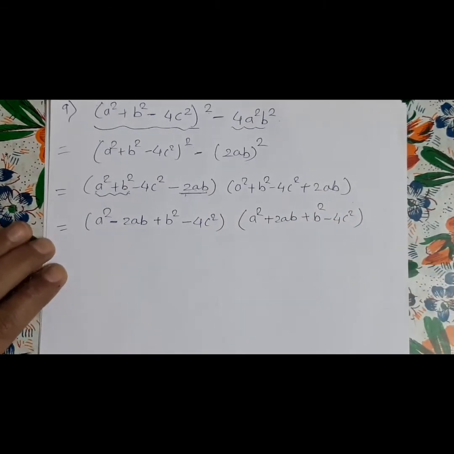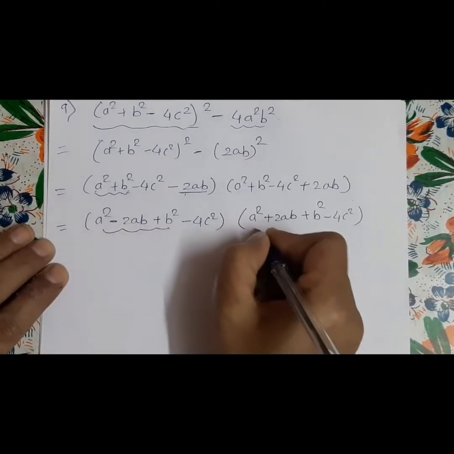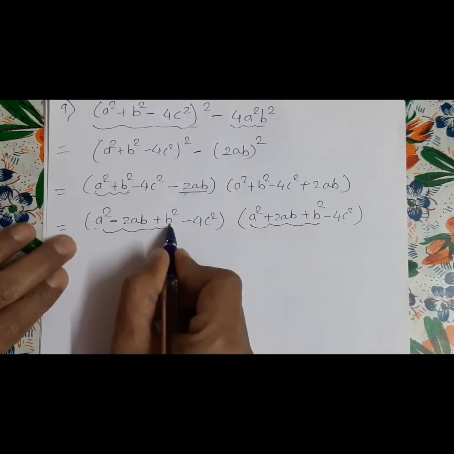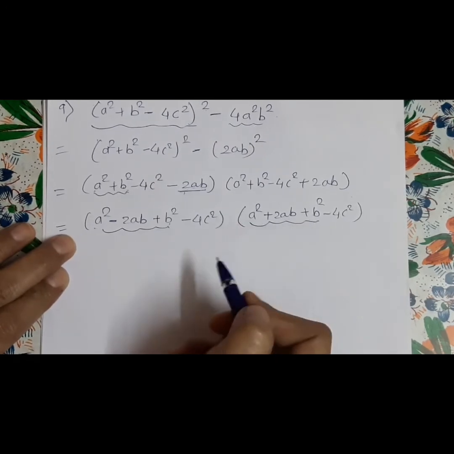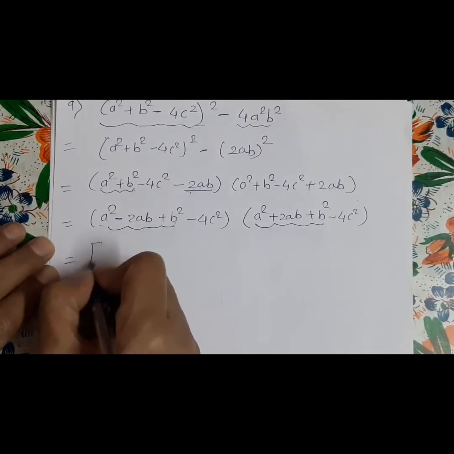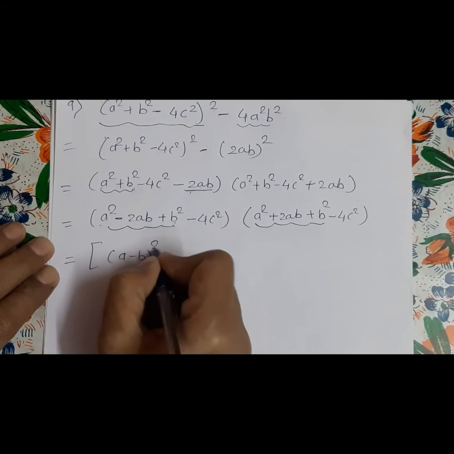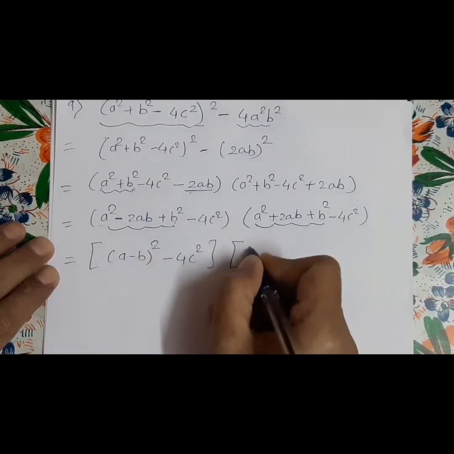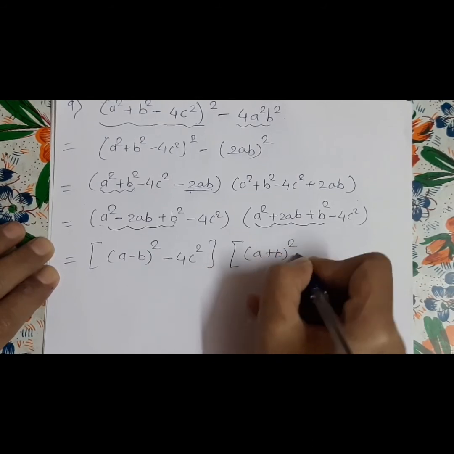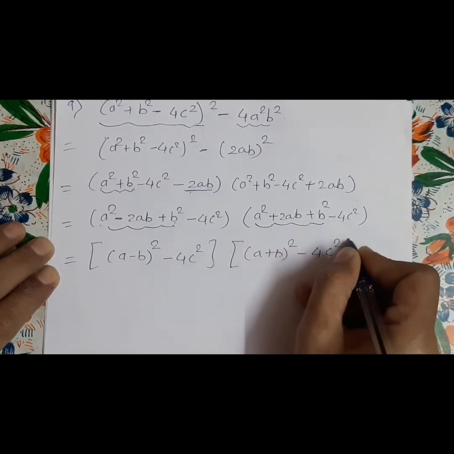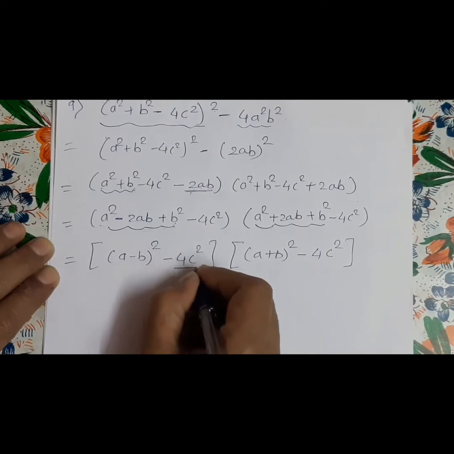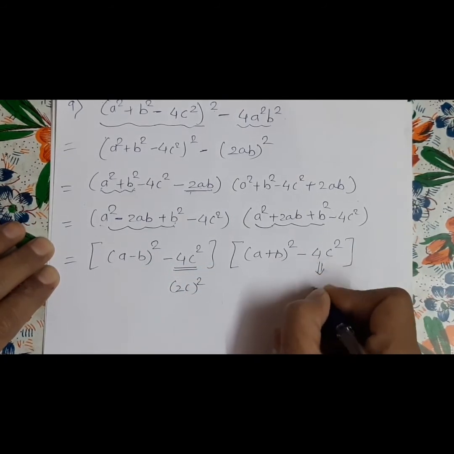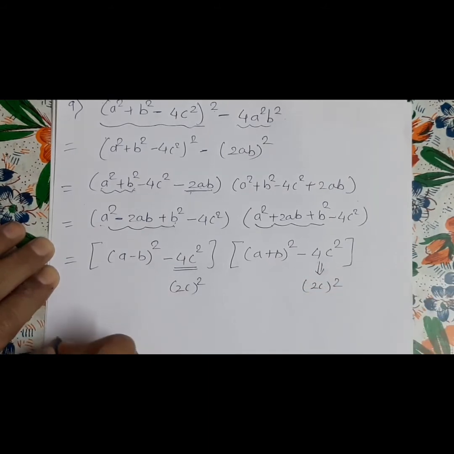Just rearrange the terms according to the requirement, because I observe that these three terms form a perfect square: this is the square of a minus b, its square minus 4c square, and this is the perfect square of a plus b, its square minus 4c square. Now this 4c square means 2c and its square. Here also it is 2c its square.